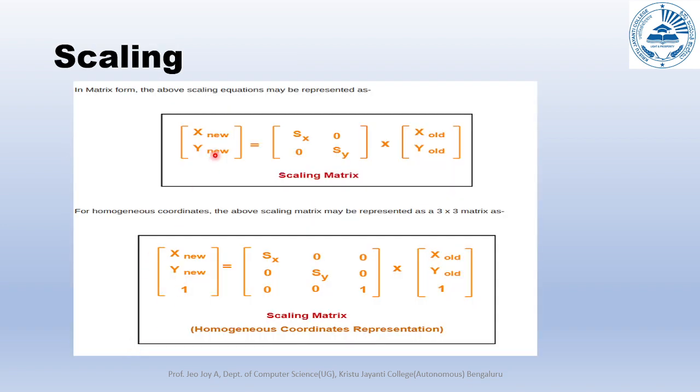The same can be represented in matrix form as x new, y new equal to the 2 by 2 scaling transformation matrix multiplied by x old, y old, a 2 by 1 matrix. Again we can represent the same scaling in terms of the homogeneous coordinate triplet as the 3 by 1 column matrix x new, y new, 1, which is the result of multiplying the 3 by 3 scaling matrix by a 3 by 1 matrix.